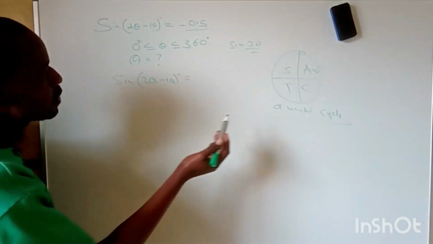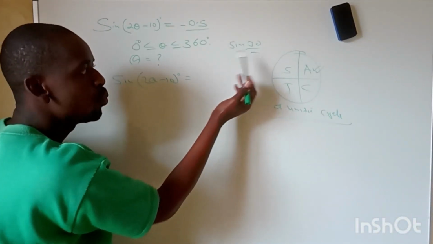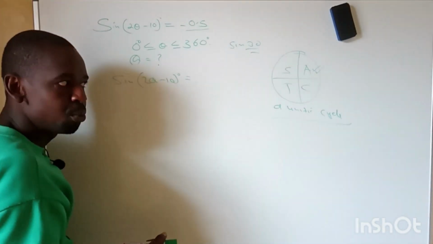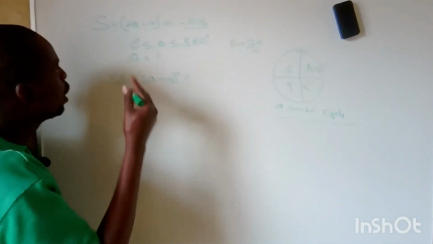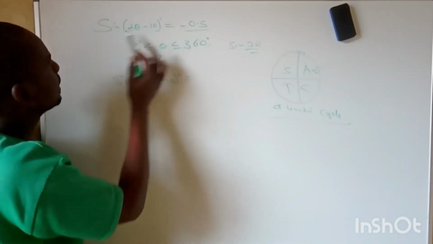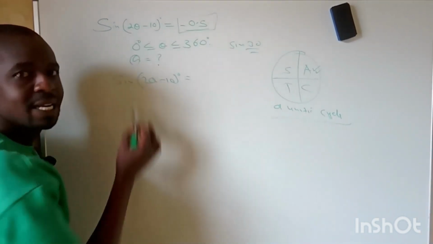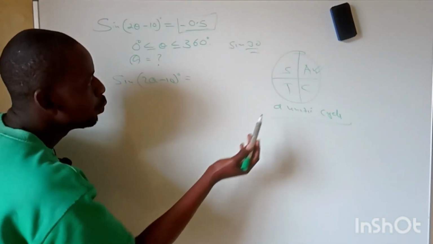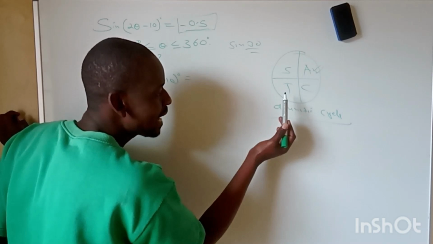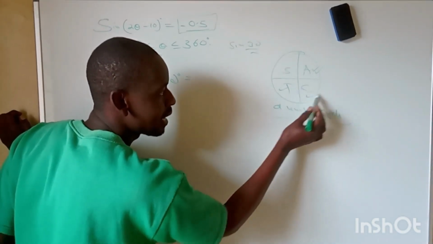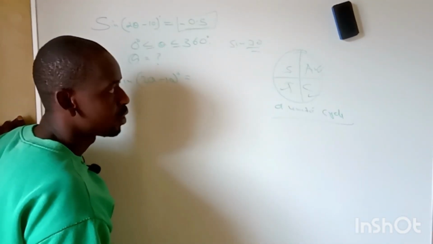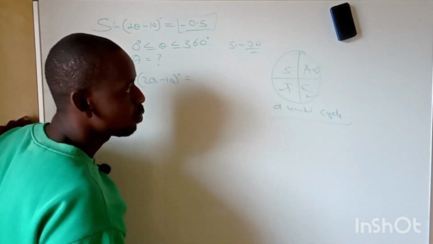For us to get the angle whose sine is 0.5 we know it is 30, but we want where the sine is negative. So the sine is negative only in the third and fourth quadrants. How can we get the angle there?